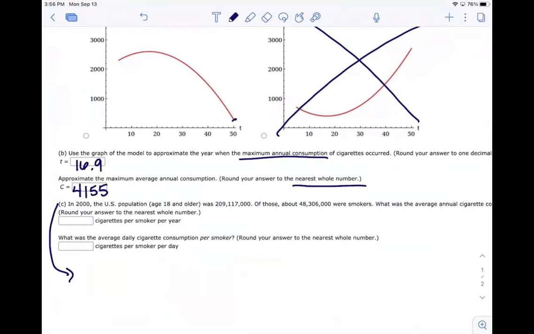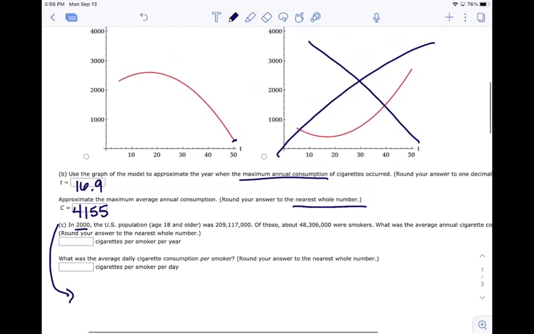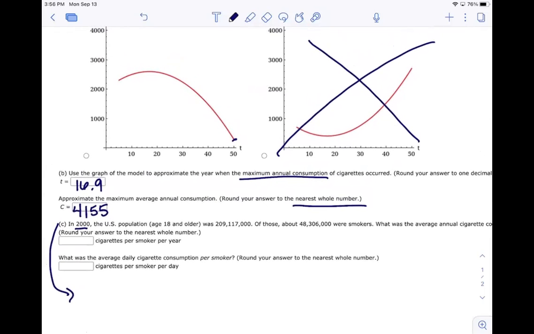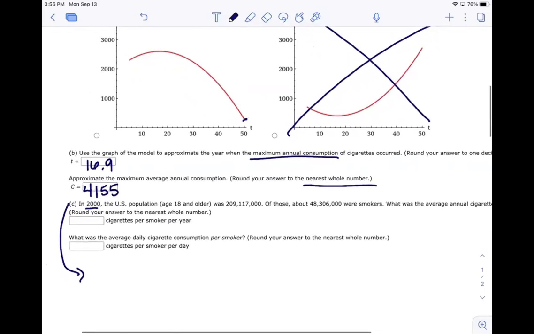Now, the kind of hard part is part C. The first thing you're going to have to do is figure out 2,000 in your equation. So I'm going to plug in t to be 50, because 50 would correspond to 2,000 since 5 corresponded to 1955. So I'm going to find C of 50.